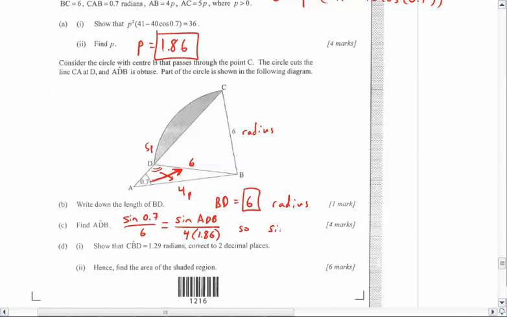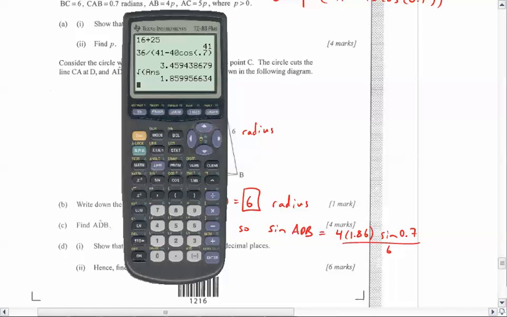So sine of ADB is equal to 4 times 1.86 times sine 0.7 divided by 6. I'm keeping all the decimals so that I don't lose any information. Then if I do inverse sine, I can get the angle.